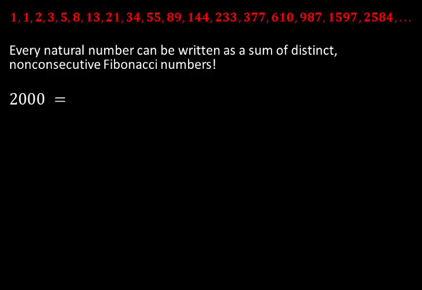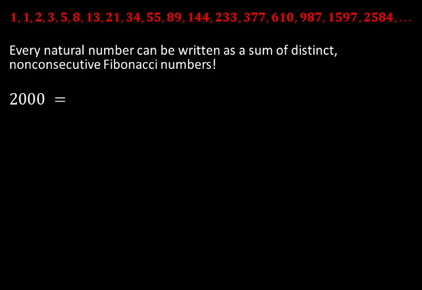But also every natural number can be written as a sum of distinct, meaning different, non-consecutive, they're not right next to each other, Fibonacci numbers. Every natural number can be written as a sum of different, non-consecutive Fibonacci numbers.